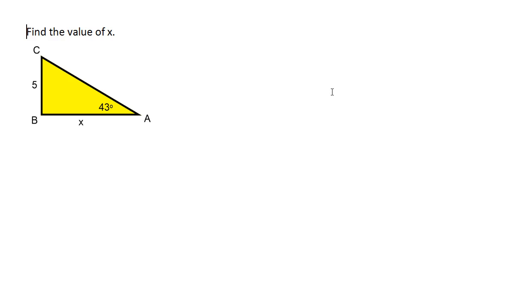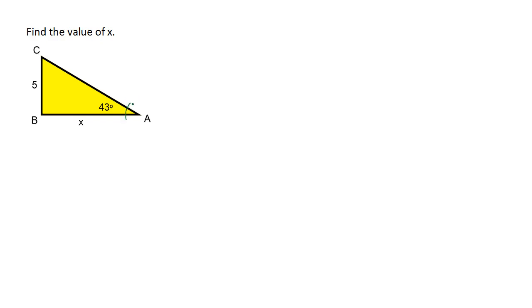And in our first example, it asks us to find the value of x. So the first thing we need to do is figure out what information are we given about this triangle, and then we can pick which trigonometric ratio to use, sine, cosine, or tangent, and then just use it to find the value of x.